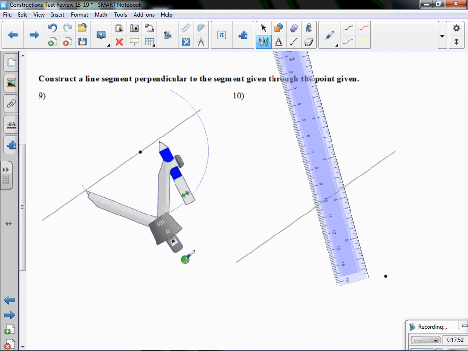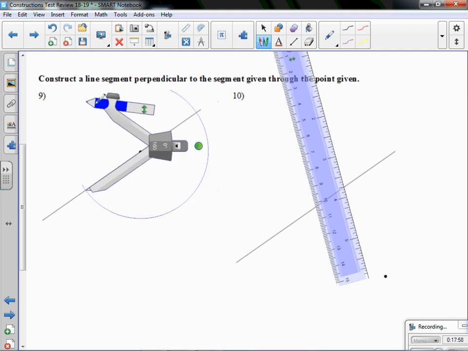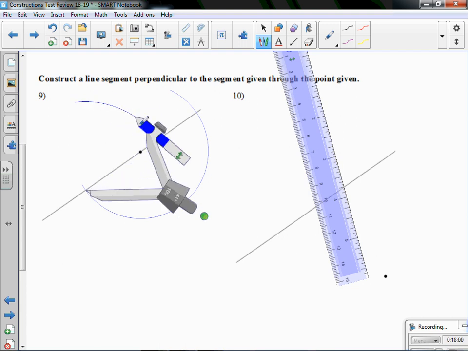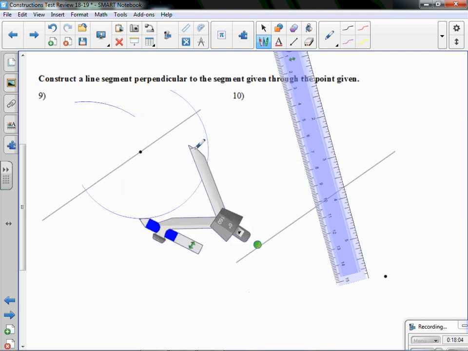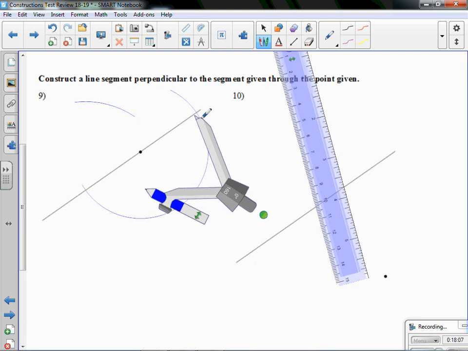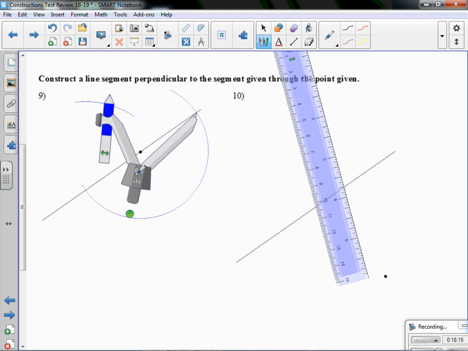So that'll put us past the middle point in between there. Then we're going to go up here and make an arc up above the point. Come over here, put the point of our compass on the other intersection of the arc and the line segment, and mark off where it intersects.